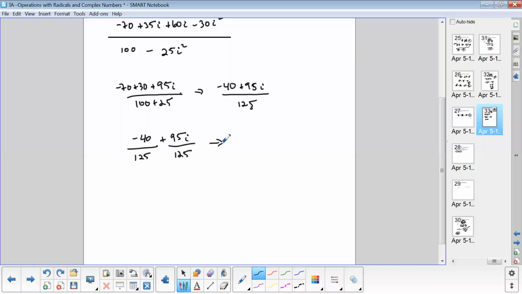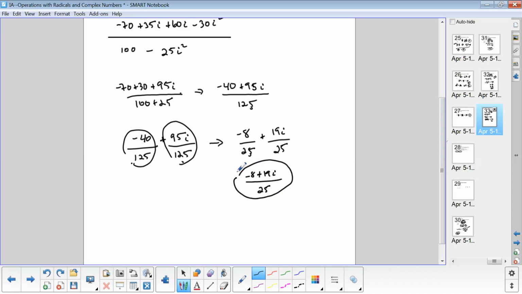So you continue to simplify, and divide everything by 5, and you're going to get negative 8/25 plus 19i/25. So you could write that as just one denominator. So negative 8 plus 19i all divided by 25.